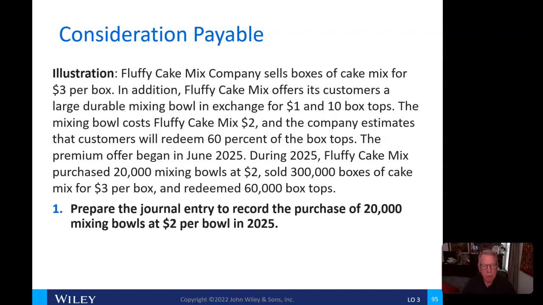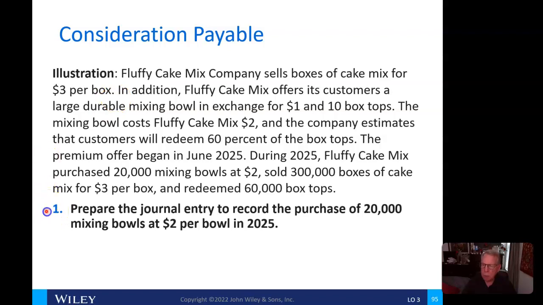The premium offer began in June 2025. During 2025, Fluffy Cake Mix purchased 20,000 mixing bowls at $2 apiece, sold 300,000 boxes of cake mix for $3 per box, and redeemed 60,000 box tops.